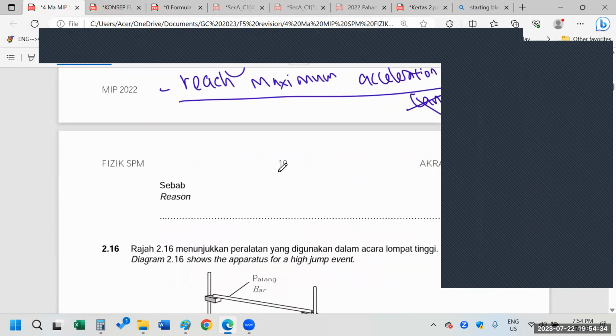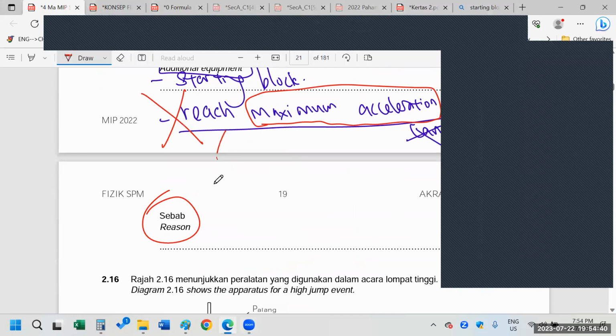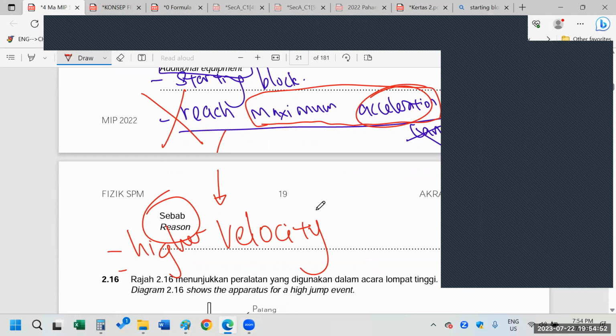So since this sentence cannot, how can we change to some similar meaning? Since I mentioned acceleration, we can mention velocity. Can achieve higher velocity, or acceleration equals to v minus u over t, and use back this formula.